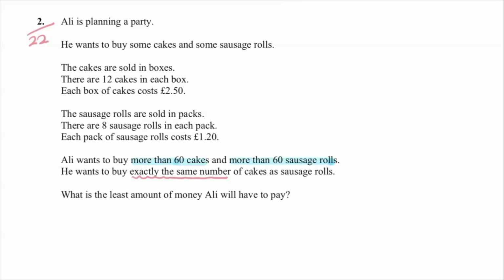So I'm going to go back up to the cakes information. Cakes are sold in boxes. So I'm going to draw a box, and there are 12 in each box. And each box costs £2.50. Now, if I was to times my boxes up by 5, that would get me 60, which is no good because it must be more, remember.